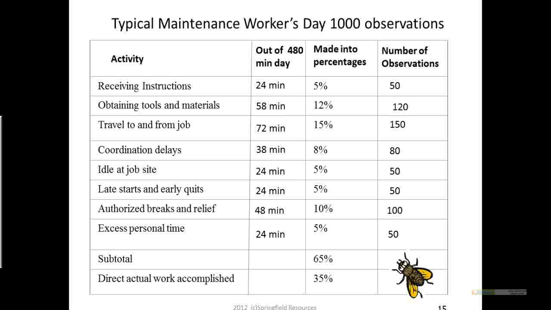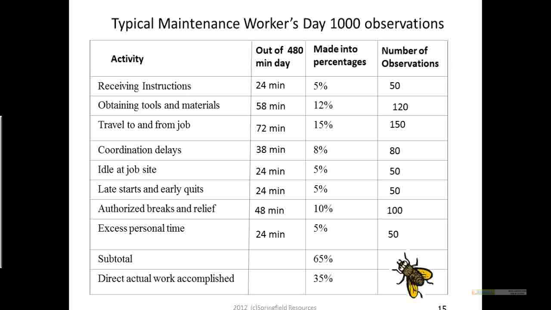Obtaining tools and materials, they found people are spending about 12% of their time, where we're standing at the tool room, we're looking for materials, we're standing at the warehouse desk, we're gathering things, trying to find a lift.